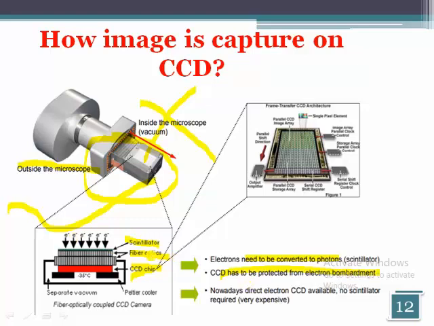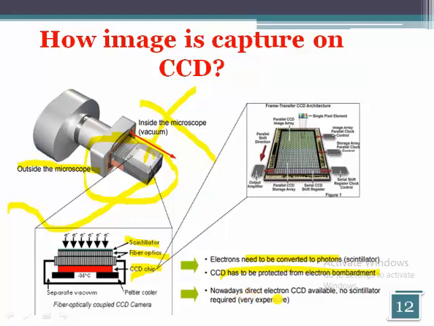That's why there is a scintillator. It will convert the electrons into photons. And we can capture those photons on this CCD chip. So above that it has a small fiber optic, and this element will guide the photons from the scintillator to the pixels of the CCD.